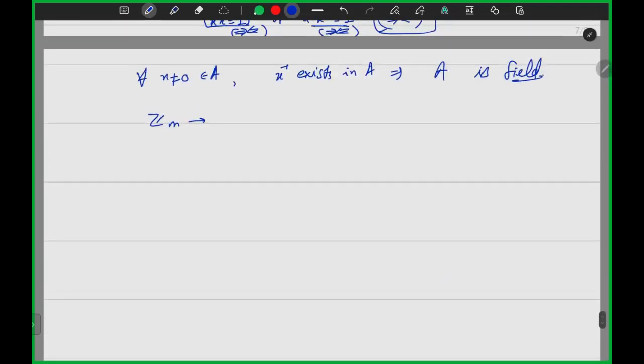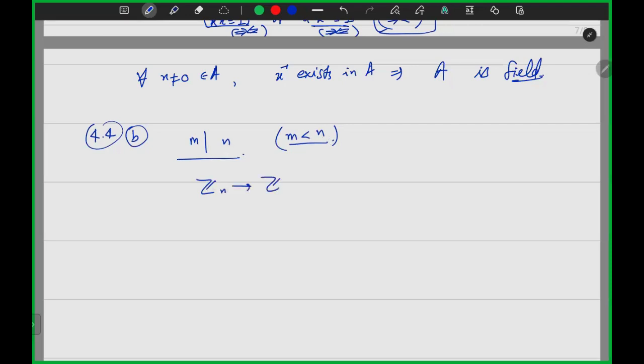Okay, let me write the next one. 4.4 b. m divides n. What about this map, Zn to Zm, the canonical map?